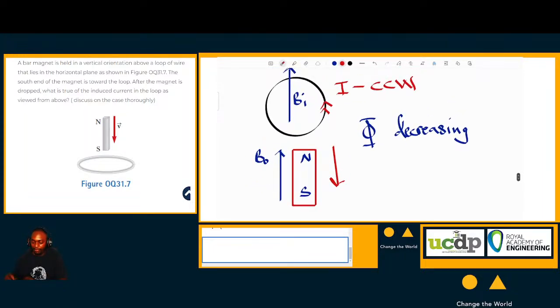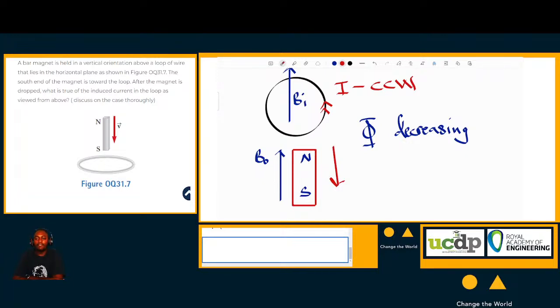Now, when the magnet has fallen through and it's moving away from the loop, the original magnetic field is still in the same direction, still pointing upwards. But the induced magnetic field now is going to be in the same direction as the original magnetic field. Why?